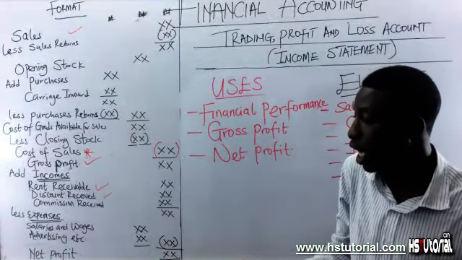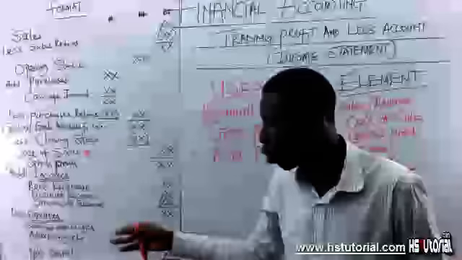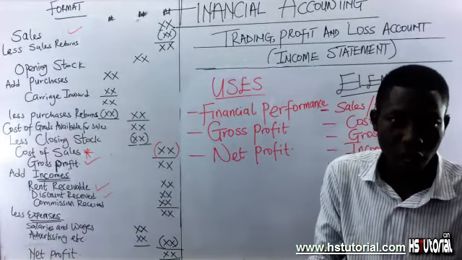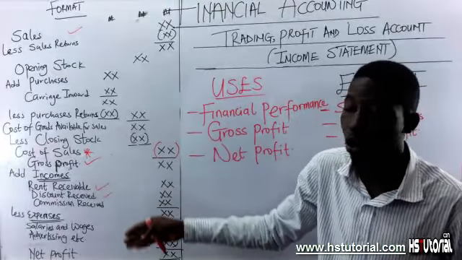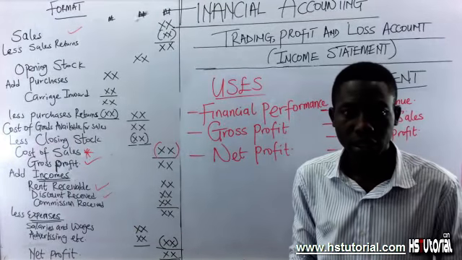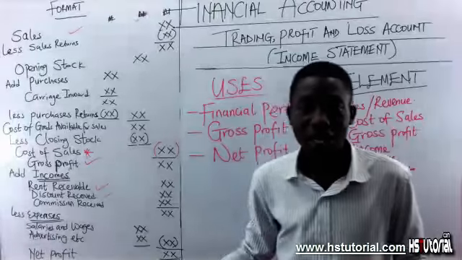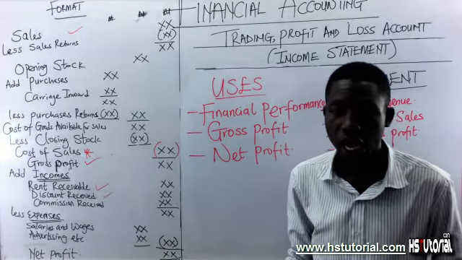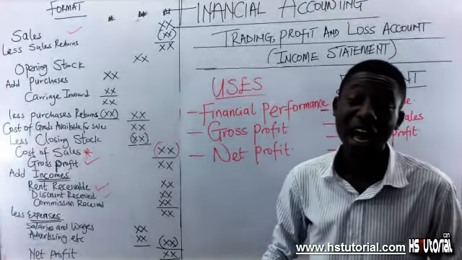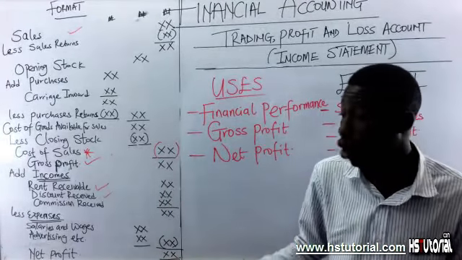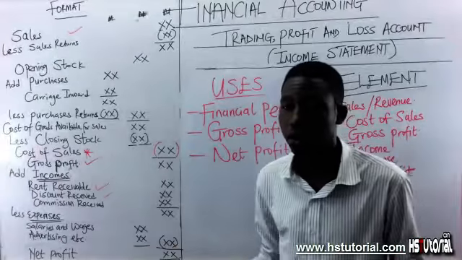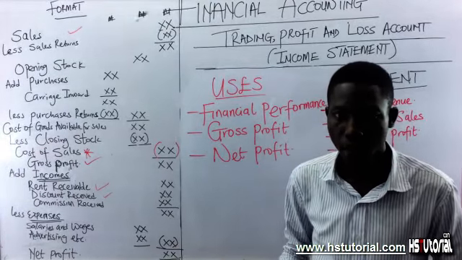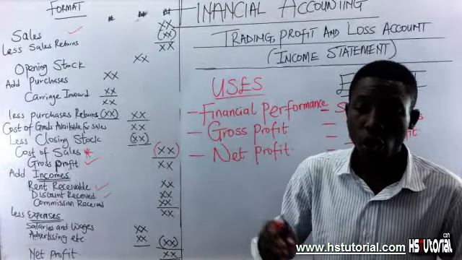So 500 naira plus 60 will give you 560 naira if you are preparing your income statement. So it applies to the rest of the expenses as well. And also for income, you can have accrued income as well. You add it to the respective income that is carrying the amount. So that's that on that.